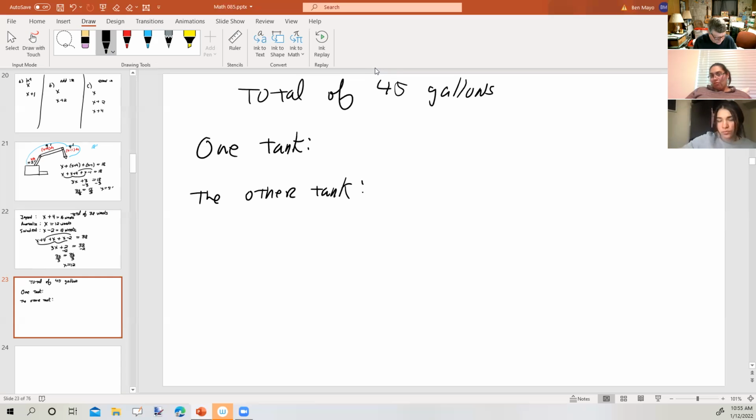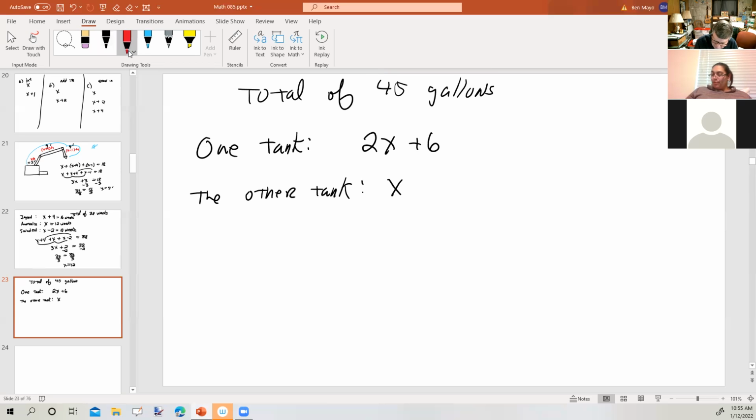1 tank holds 6 gallons more than twice the amount in the other. Who's the center of the universe? The other, right? Okay. So 1 tank holds 6 gallons more than twice the other. If the other is X, twice the other would be 2X. 6 gallons more would be 2X plus 6.